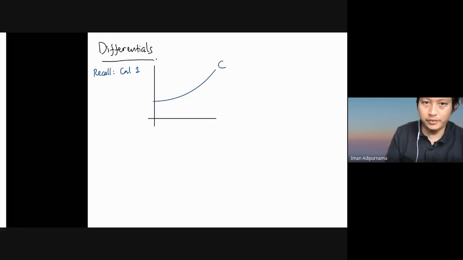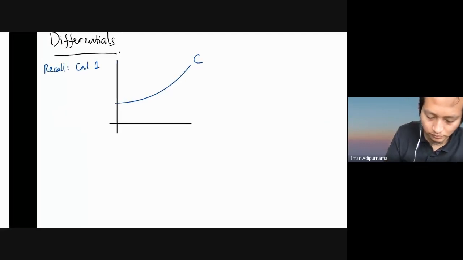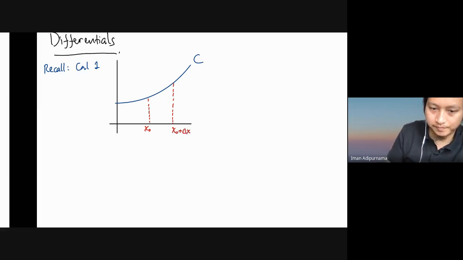We have a curve, right? And we have, let's say, two points. Let's say a or maybe x0, and then this is x0 plus delta x.